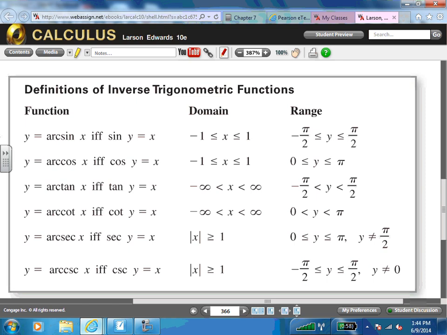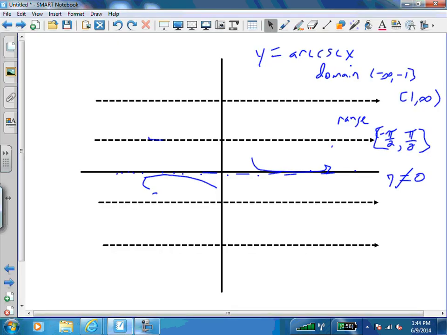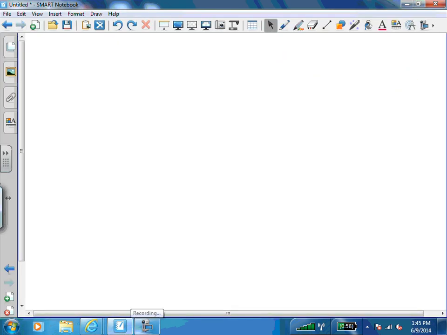So they give us a few problems and they say, well, let's evaluate some of our inverse trig functions. For example, let's evaluate arc sine of root 2 over 2.